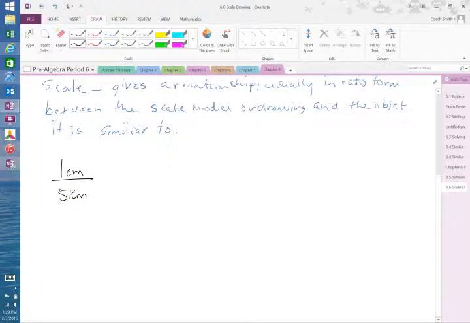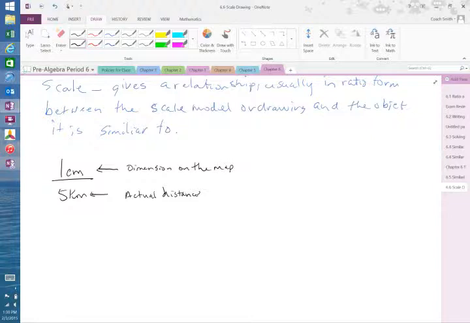The top number is the dimension on the map. The bottom figure is the actual distance in real life. So they're saying 1 centimeter on a map equals 5 kilometers in real life.